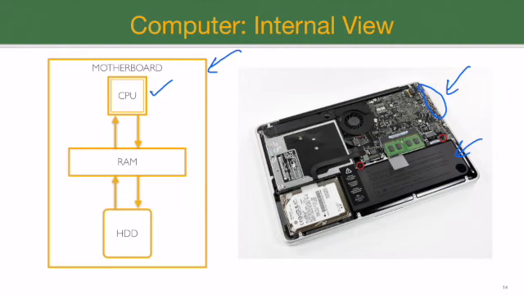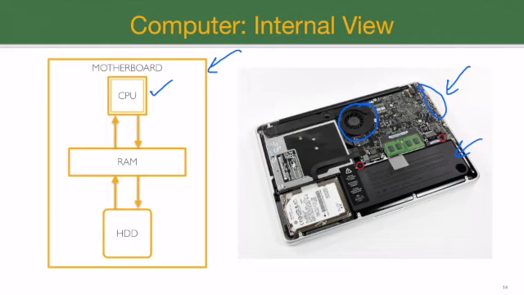The CPU exists below this fan. The fan's purpose is to cool the CPU. If you take the fan out, in some computers the CPU is visible right away. In laptops, generally, there is a fan or a heatsink mounted on top of the CPU. So the CPU exists below this fan.